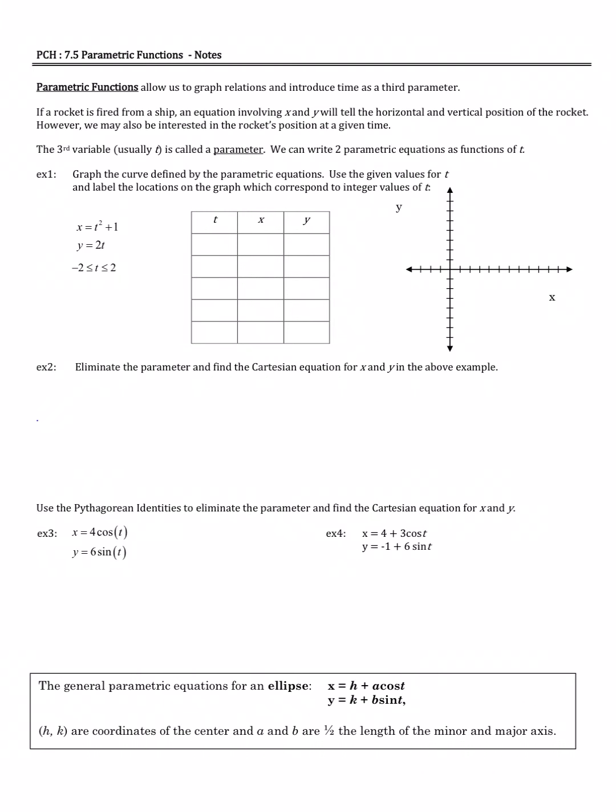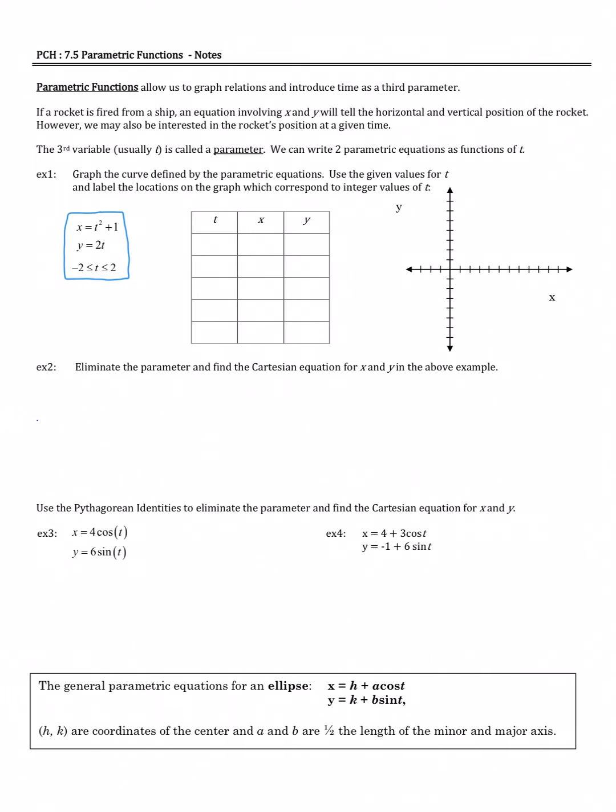So we're going to start off with a basic example where we have a set of equations. Notice it's x in terms of time, y in terms of time, and time from -2 to 2.